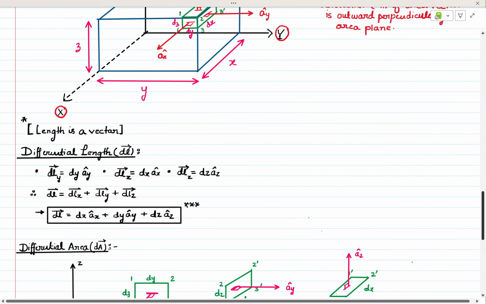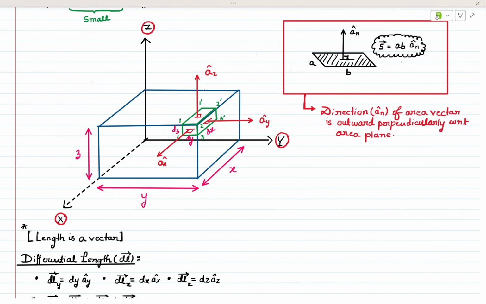Like this block of the green color. The volume of this small block will give you the differential volume.